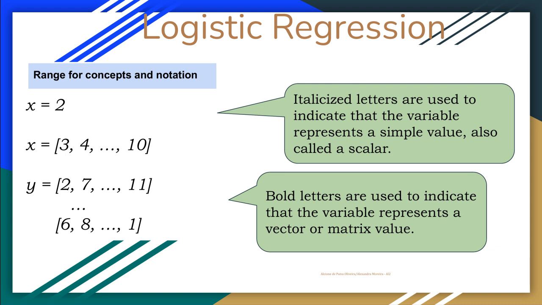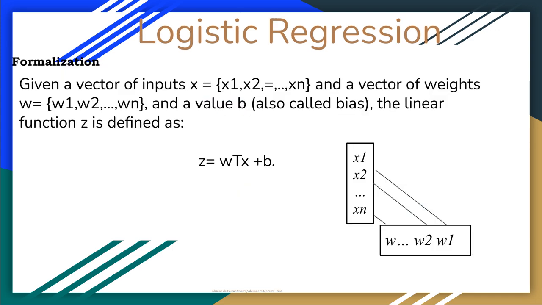Now that we understand the calculation done by logistic regression, let's describe this step in a slightly more formal way. Given an input vector x with values x1, x2 up to xn, and a weight vector w with values w1, w2 up to wn, and a bias value b. Then the linear function z is defined as the multiplication of the transpose of the vector w with the vector x plus the bias.